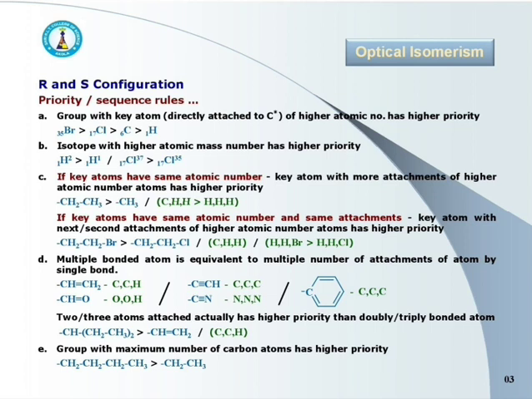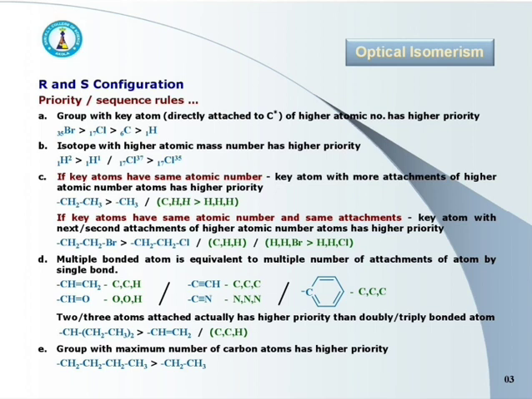Consider bromoethyl and chloroethyl groups. Bromoethyl group has higher priority than chloroethyl group. Here, for both the groups, attachments of key atoms, that is carbon, are same, which are carbon, hydrogen, hydrogen. And hence, we have to consider its next attachments.